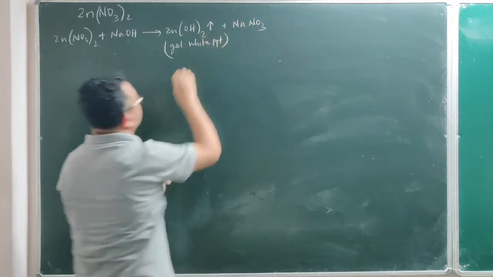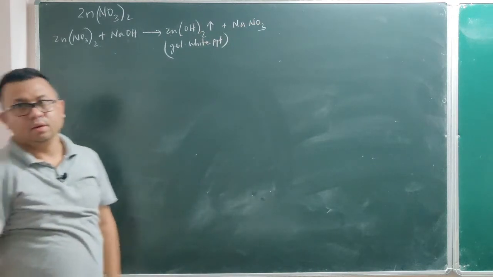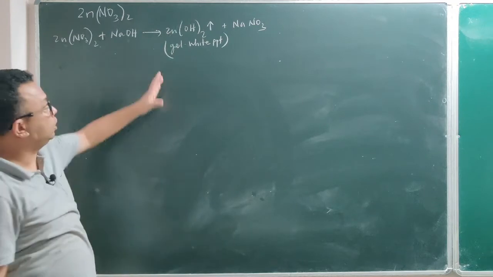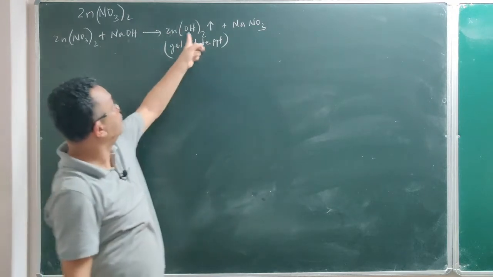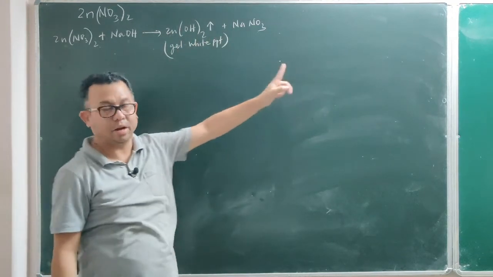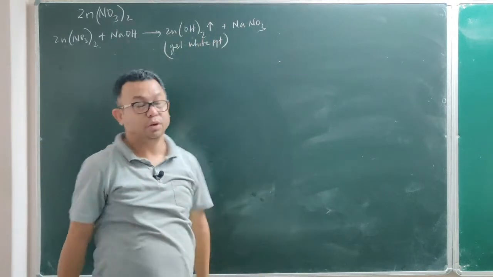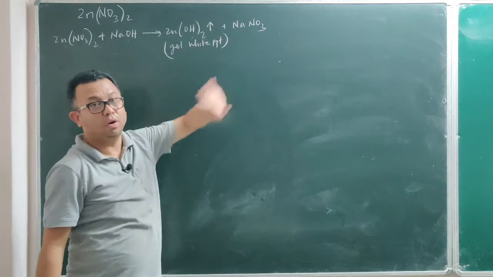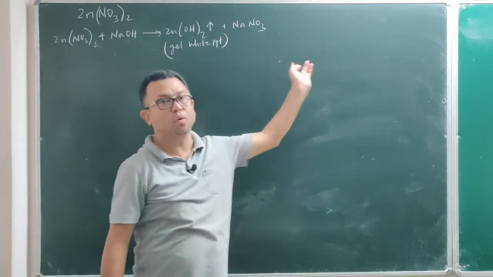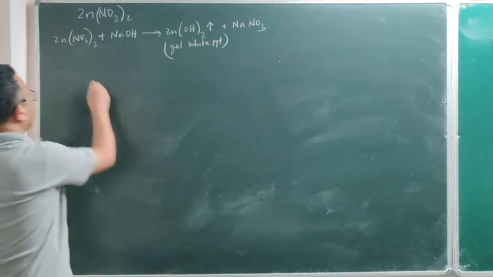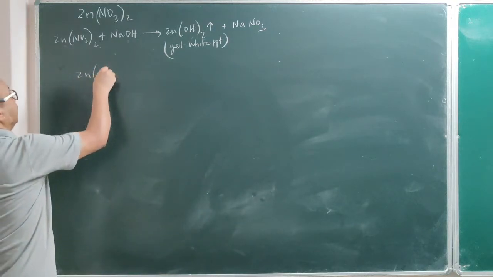Here you are. Now if you look for solubility, again there is a tick mark here, but when you write the solubility reaction with sodium hydroxide, you don't have to take both, like in the case of ammonium hydroxide. In ammonium hydroxide, when I showed you the previous reaction, I took both. Here you only have to take the precipitate, because the second one will not take part in the reaction. Previously we took both because both of them were taking part in the reaction, but here only zinc hydroxide will take part in the reaction.